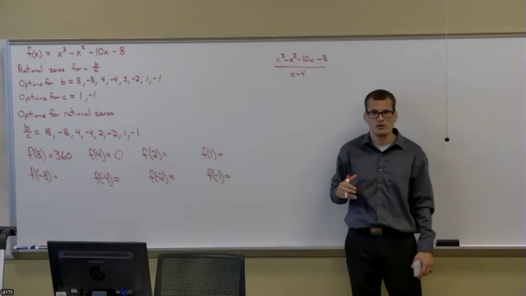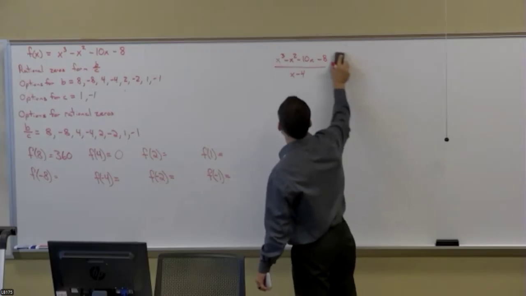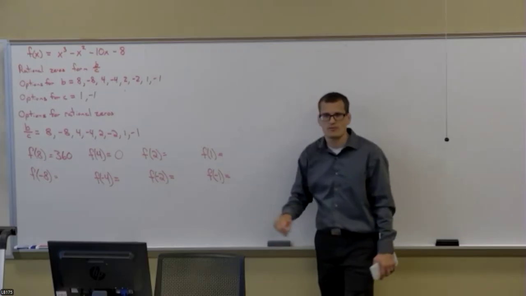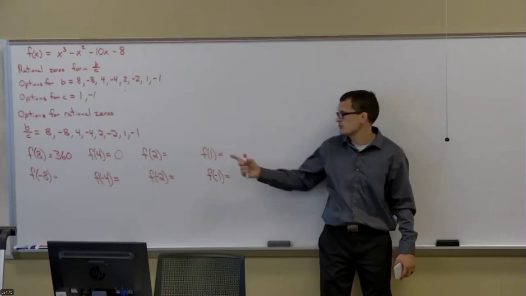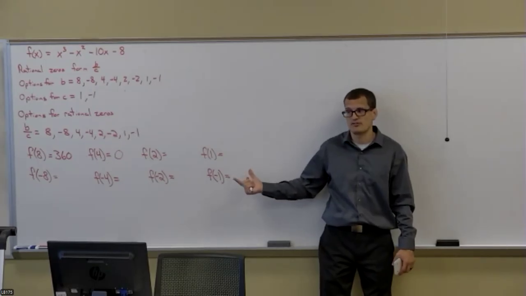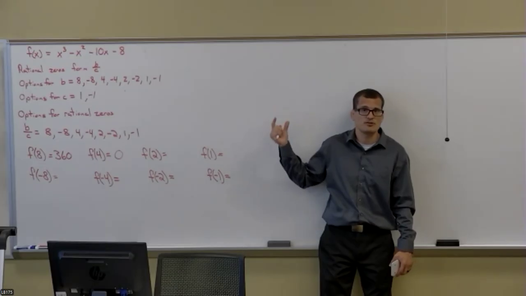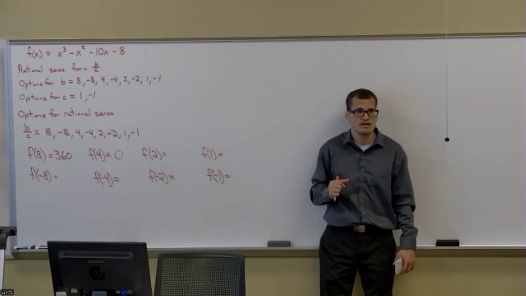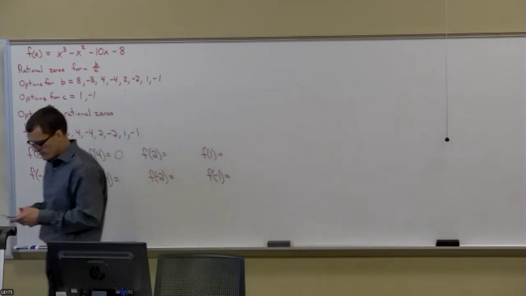I could just stop right there and find the quadratic and so on and so forth. But oftentimes, it's worth my time to check these other numbers because we might get other rational zeros. And that would save me time over having to do the division and go through that process. Everybody understand that? So let's try the other ones.